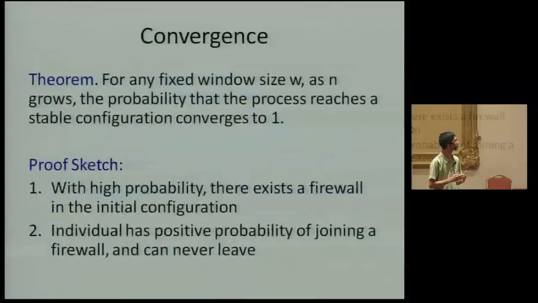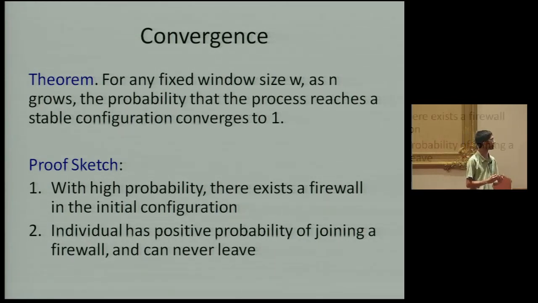So the first thing we're going to show is that the process will reach a stable configuration with probability converging to 1. The proof sketch is basically, first of all, with high probability there's likely to be a firewall in the initial configuration. You can see that by thinking of the initial coloring as a sequence of coin flips. If it's heads, there'd be a blue. If it's tails, then there's going to be a green.